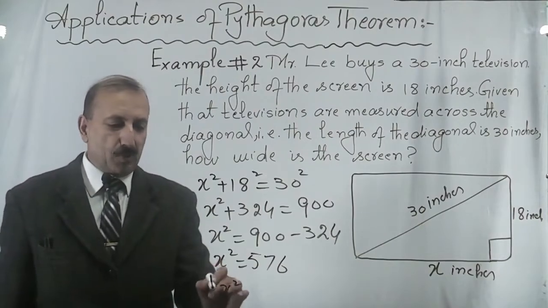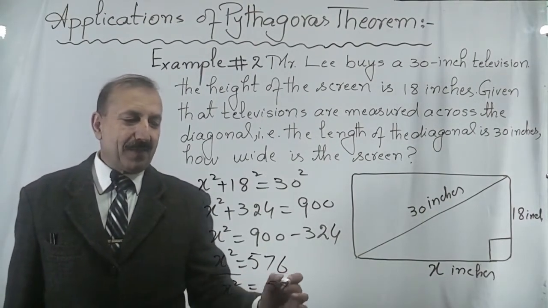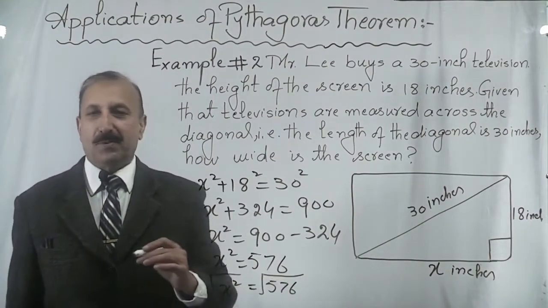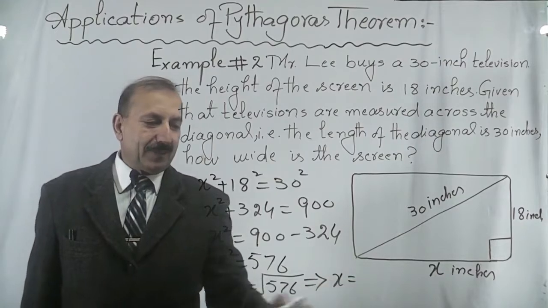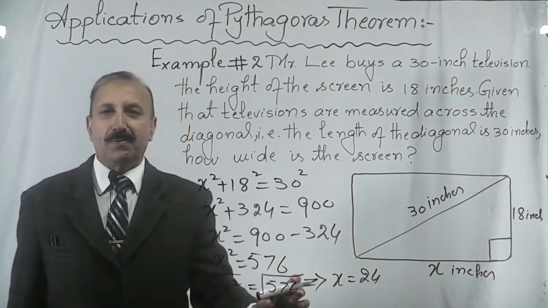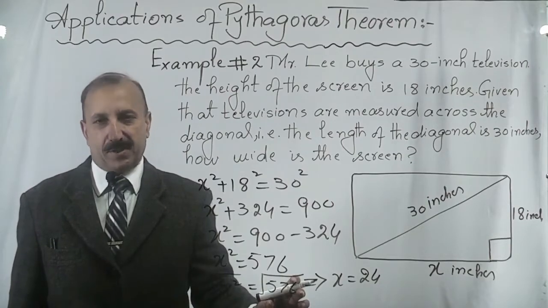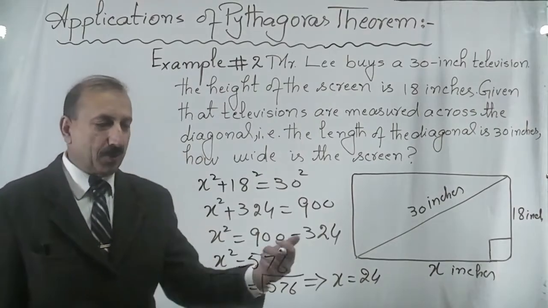Now operating square root on both sides. Here is 576, this is the square root. It implies that we will have 24 is the square root of 576. If you have it in your mind, you can write directly. Otherwise, you can use a calculator.